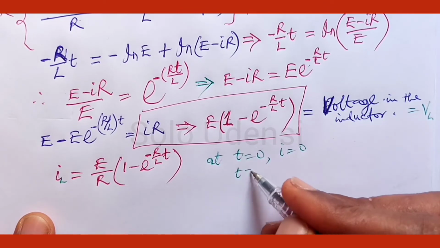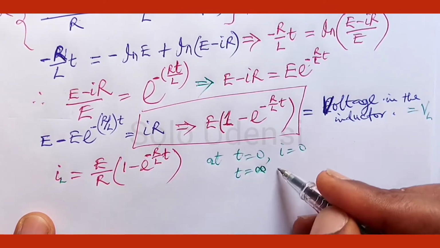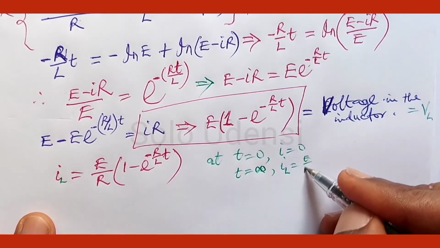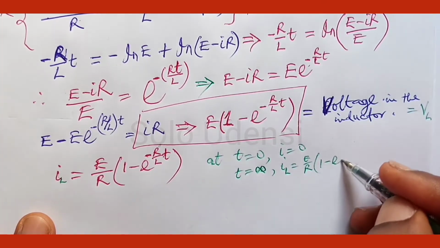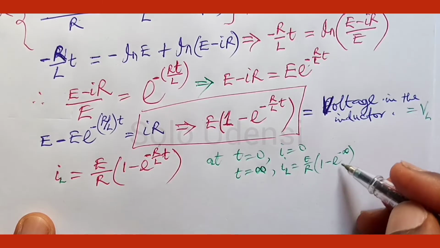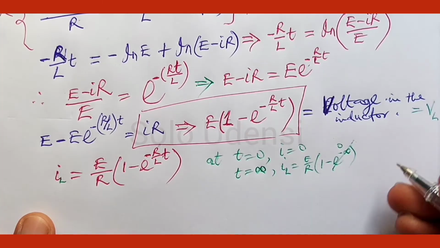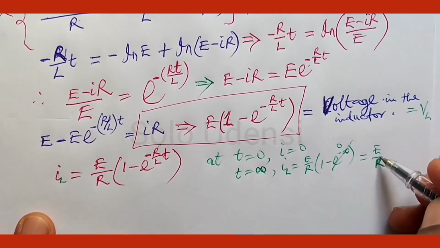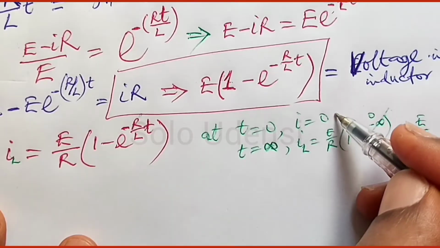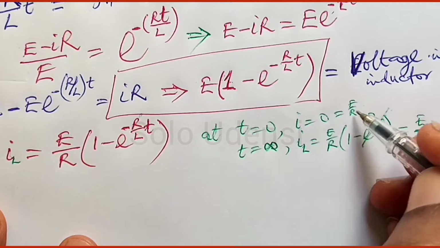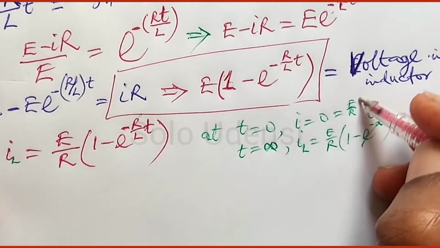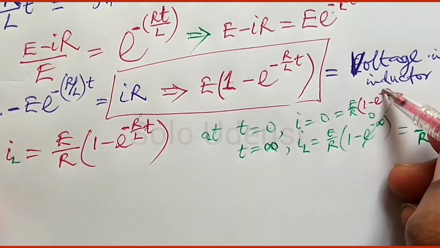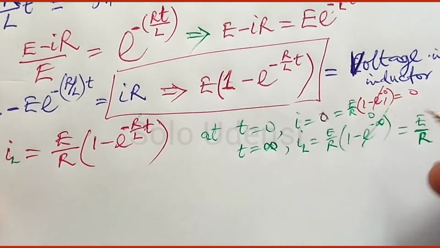At t is equal to infinity, IL becomes E over R into 1 minus exponential minus infinity, and this is 0, so we have it to be E over R, so it reaches its maximum value at infinity, whereas this one is E over R into 1 minus exponential minus 0. This guy is 1, so that's why we got it to be 0.